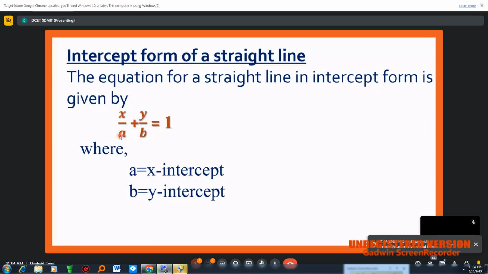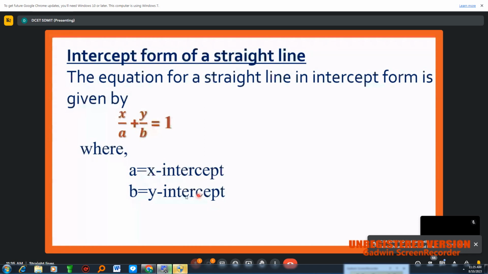You should know this equation. Here a is called the x-intercept and b is called the y-intercept. A is nothing but the x-intercept, b is nothing but the y-intercept. The x-intercept is the point at which the line meets the x-axis.